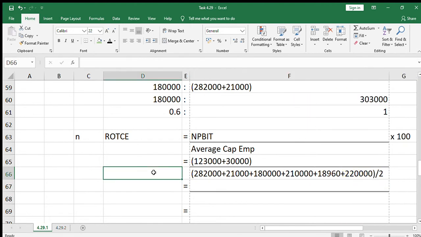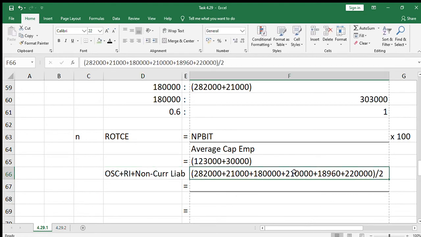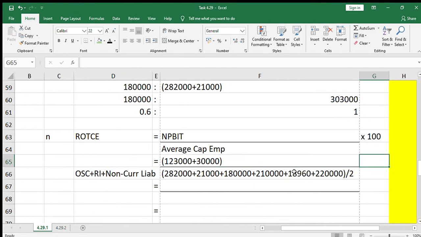So it's all of this that you're going to calculate. I'm just going to make a note here. It's ordinary share capital plus retained income plus the non-current liability. So you're adding up six figures, all added up and then divided by 2. Then we'll be multiplying our answer by 100.